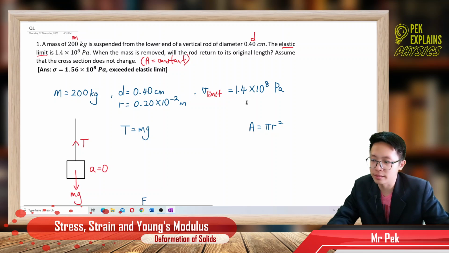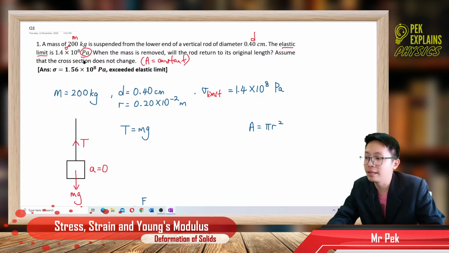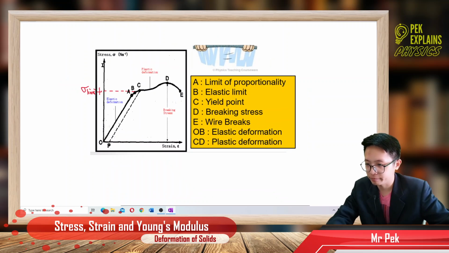So elastic limit, you see, this one is the unit Pascal. Pascal is the unit for stress, but elastic limit means this one. Point B, which we learned before, is the elastic limit.